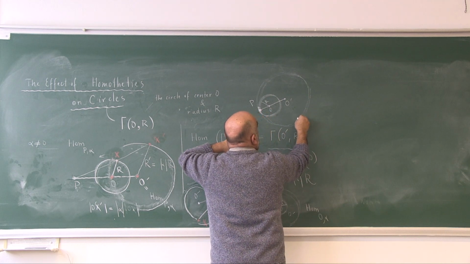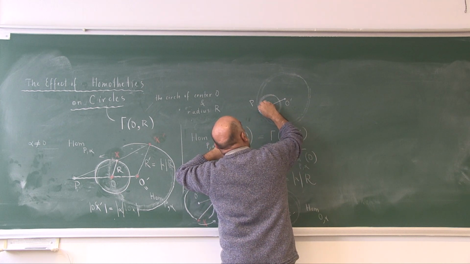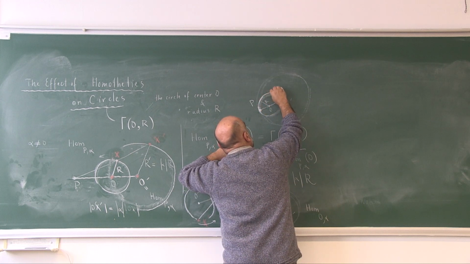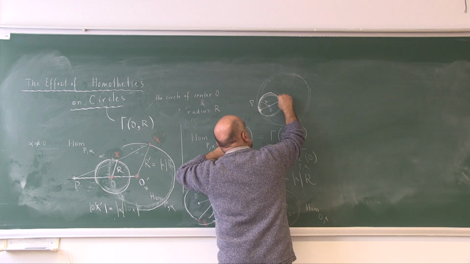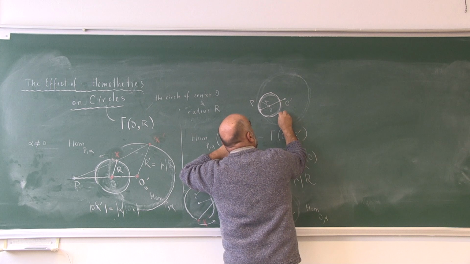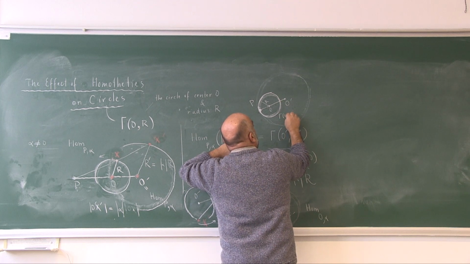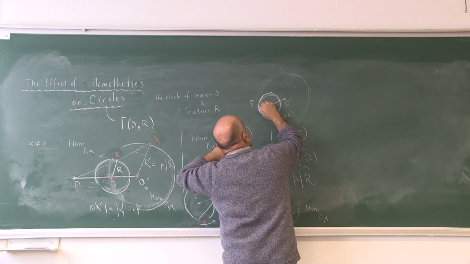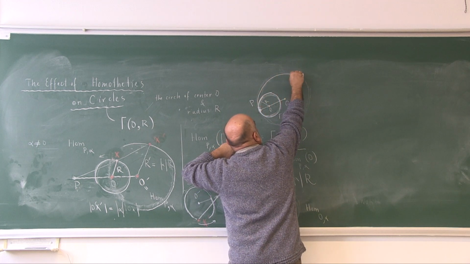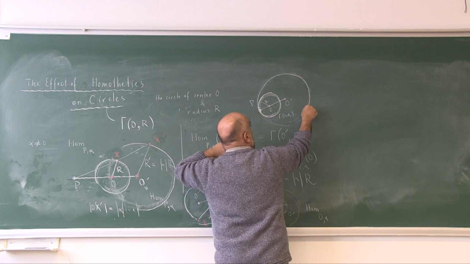Okay, there we are. So let me now make the situation quite clear. Here is the circle gamma with center O and radius R, and it is mapped into a circle that is tangent to the original circle, like this.